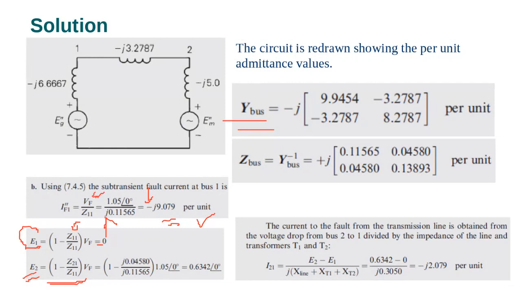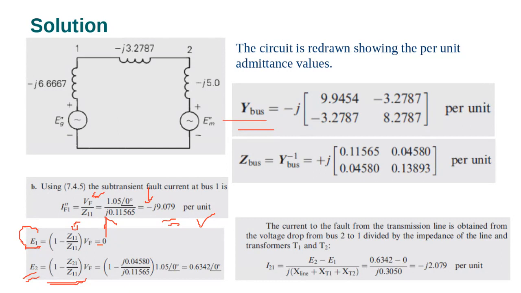Although we write VF, it's a pre-fault voltage, which is 1.05. That's from the load flow. So we want to differentiate E from the pre-fault voltage V. So E2 will be Z21 over Z11.